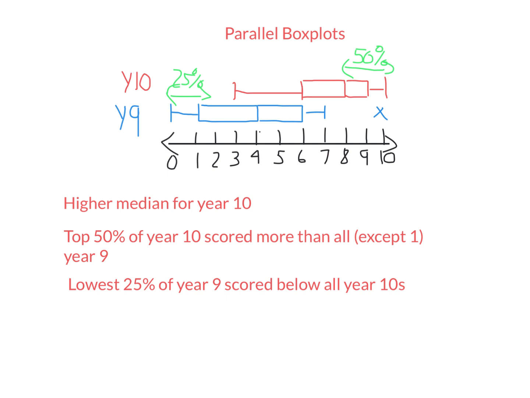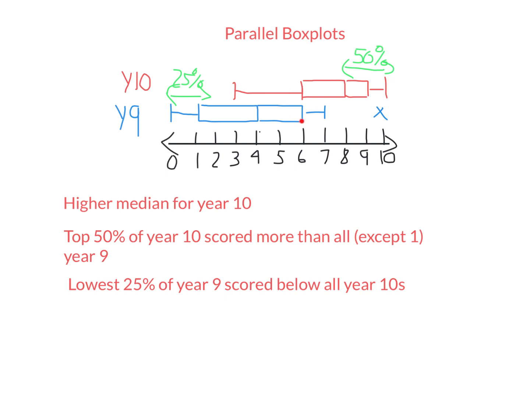Of course, these are not the only 3 things you could say. You could also say other things. For example, what we see here in the year 10 box plot is that only 25% of students scored 6 or below. This section of the box plot represents a quarter or 25% of scores. But 6, although it was Q1 for year 10, it was Q3 for year 9.